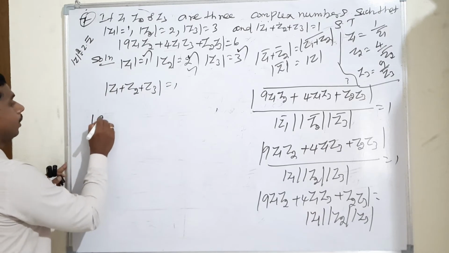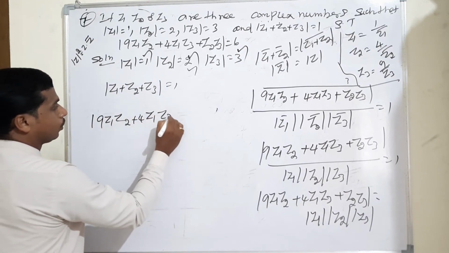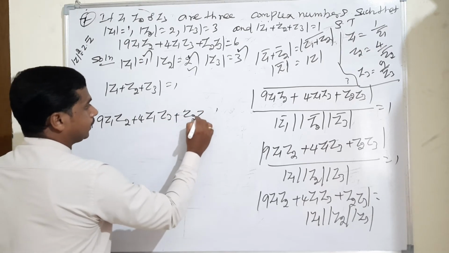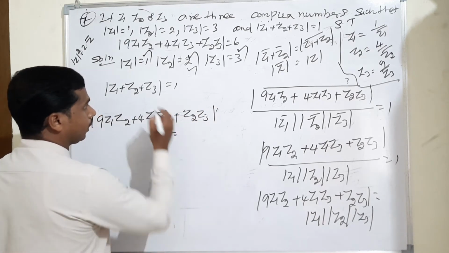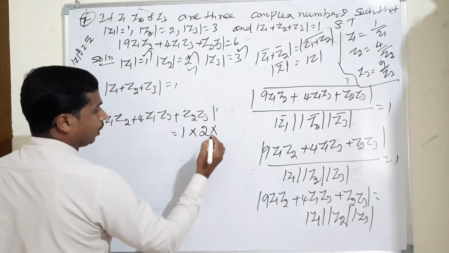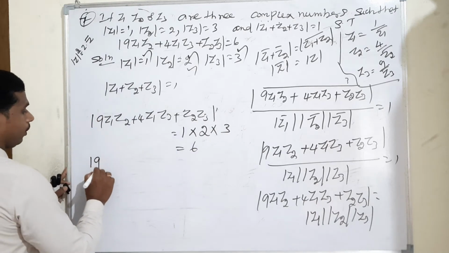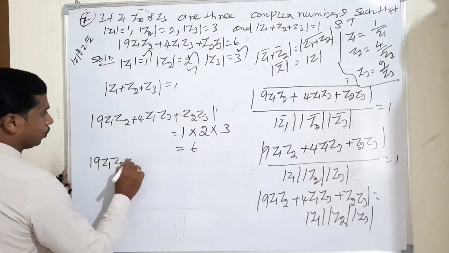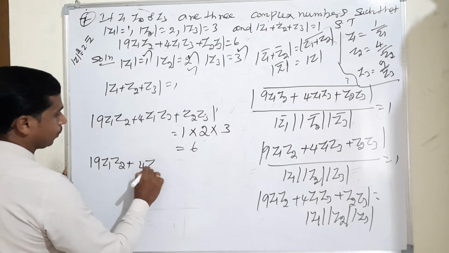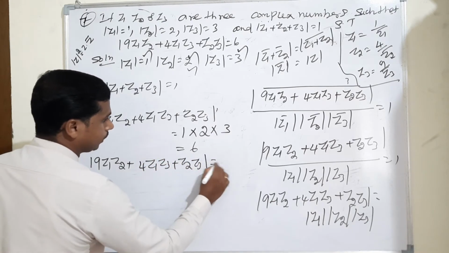Therefore, modulus of 9 Z1 Z2 plus 4 Z1 Z3 plus Z2 Z3 is equal to modulus of Z1 (1) into modulus of Z2 (2), modulus of Z3 (3). So the value will be 6. Therefore, 9 Z1 Z2 plus 4 Z1 Z3 plus Z2 Z3 is equal to 6.